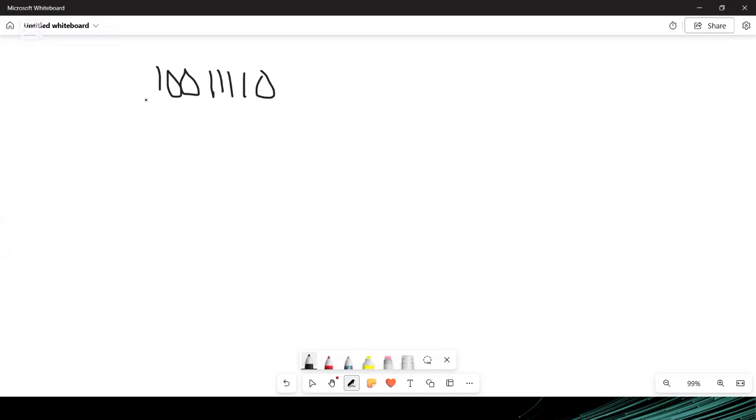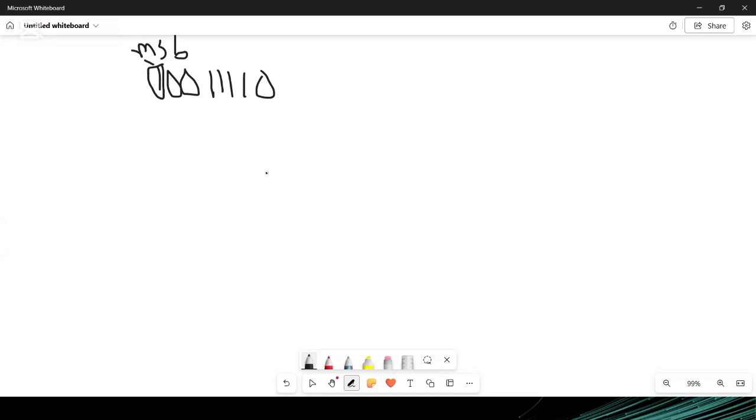The most significant bit is the one right here, the MSB. With this most significant bit, we are using it to represent the sign. Is it positive or negative?